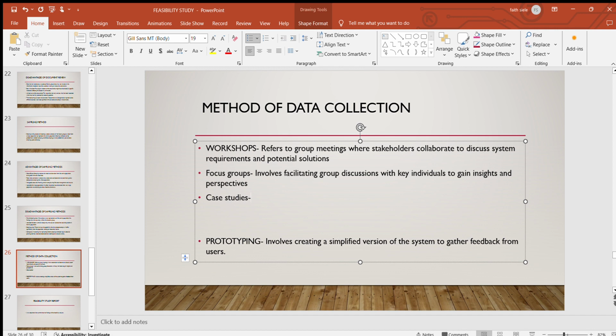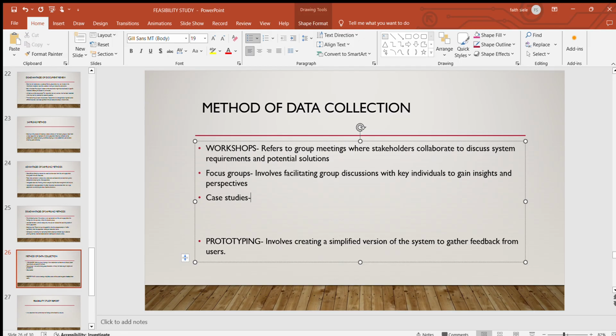The advantages of using these case studies is that it can be used to explore complex phenomena and relationships. It offers rich and detailed information and even provides in-depth analysis of specific cases or situations.